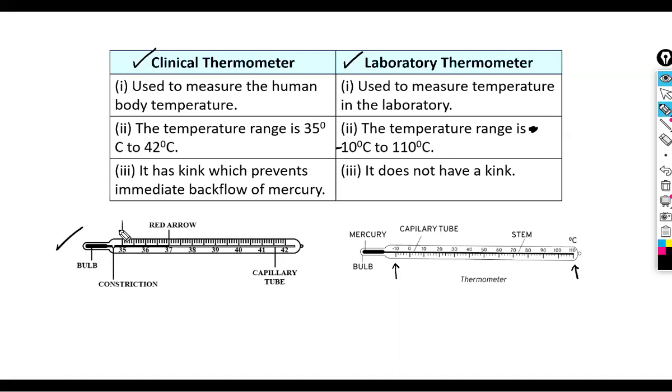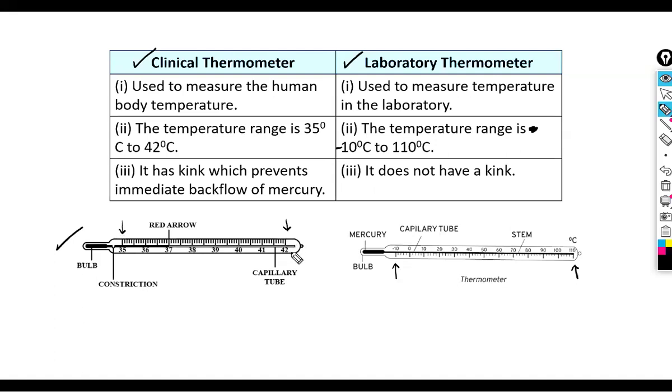But you see, when a doctor is measuring the temperature of a patient, right? It only goes from 35 to 42. A doctor does not need a laboratory thermometer because if a person is at 0 degrees Celsius, they're dead, right? And if a person's body temperature is 110 degrees, they're dead, right? So doctors only need temperatures to be measured from 35 to 42.